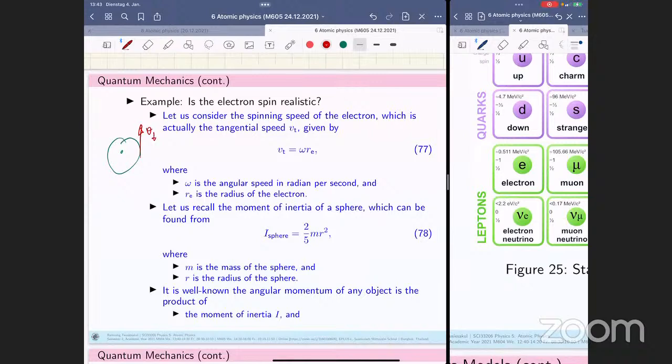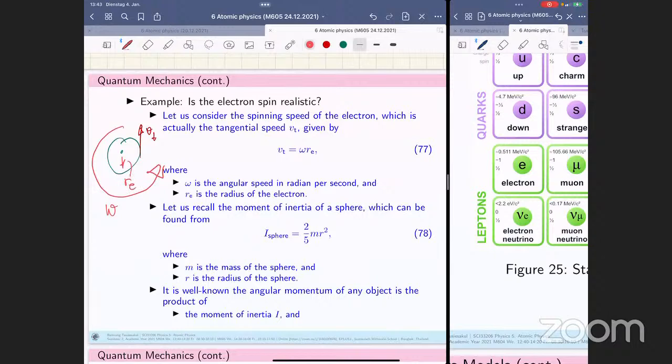Assume we have the rotational speed omega, sorry, not omega t, only omega, that's the angular velocity. And let's say the radius of the electron is RE.